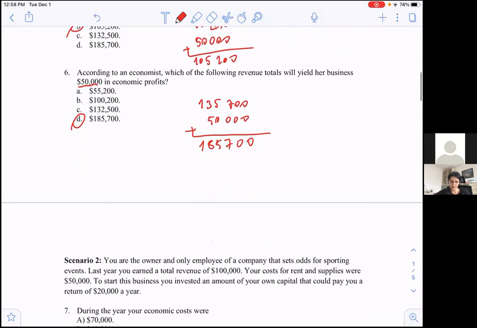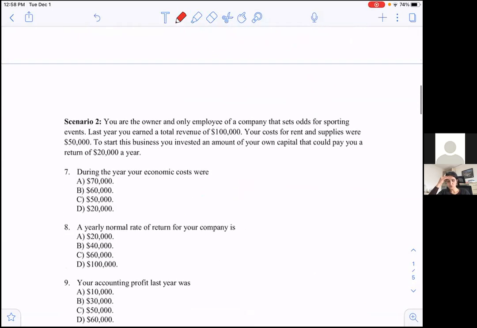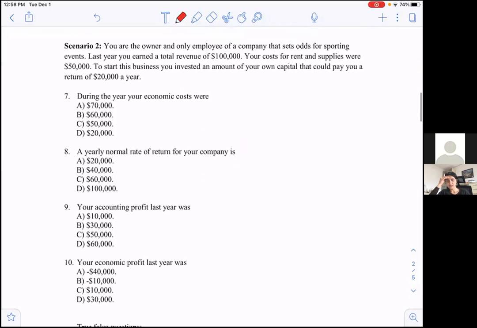Okay. So scenario 2, you are the owner and only employee of a company that sets odds for sporting events. Last year, you earned a total revenue of $100,000. Your cost for rent and supplies was $50,000.